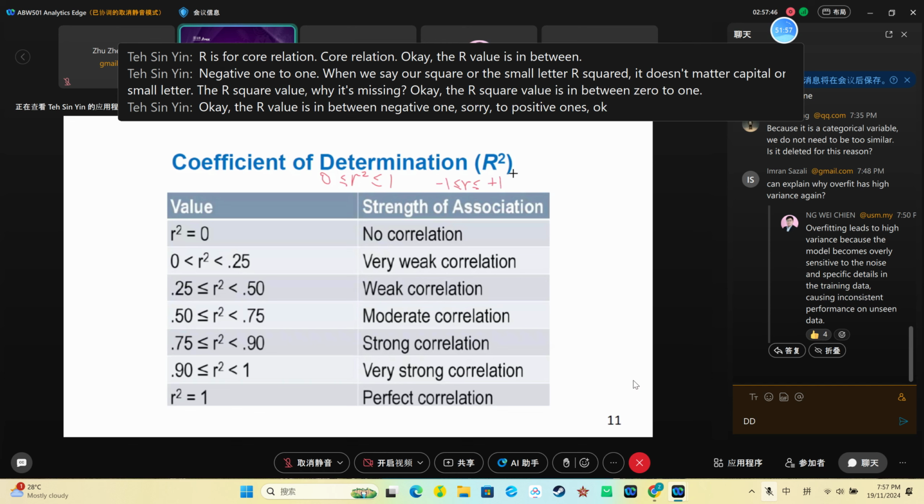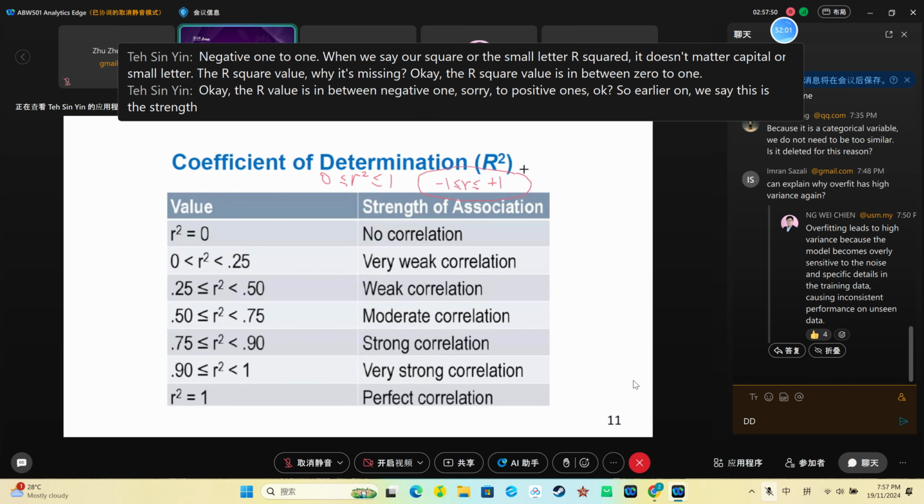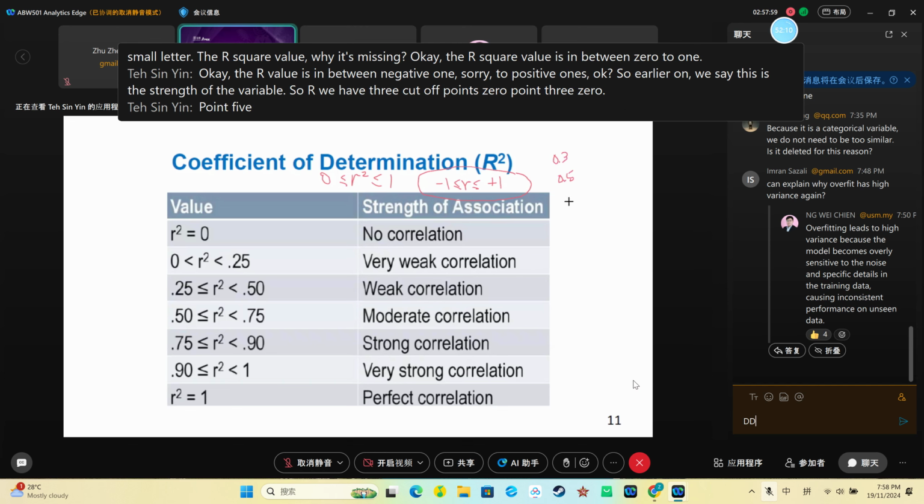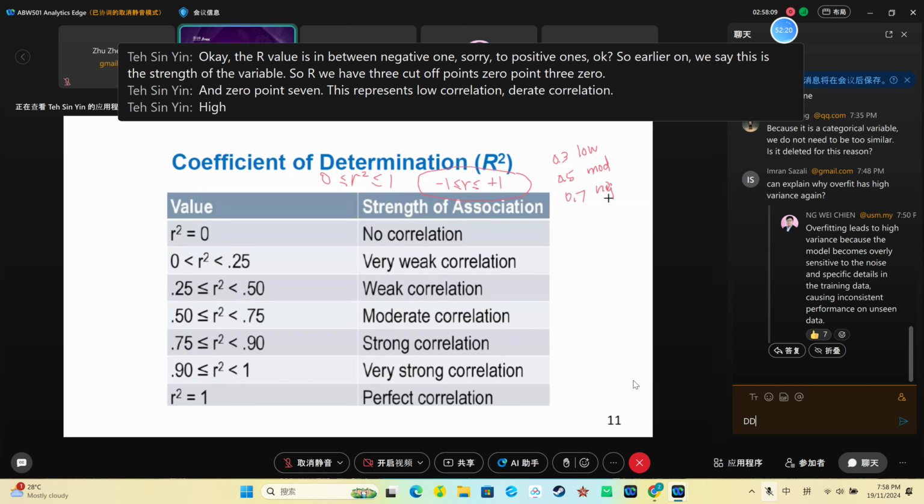So earlier on, we said this is the strength of the variable. So for R, we have 3 cutoff points, 0.3, 0.5, and 0.7. These represent low correlation, moderate correlation, high correlation.